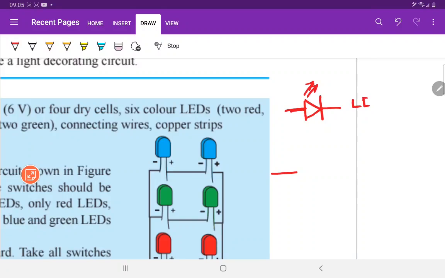Now for the light emitting diode, the positive terminal is this, the negative terminal is this. Okay, now children, when you draw the LED here, you want to draw the LED like this.